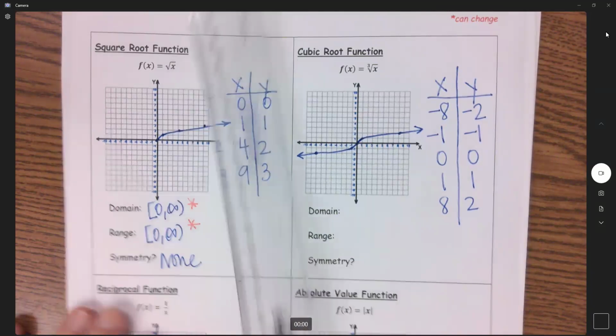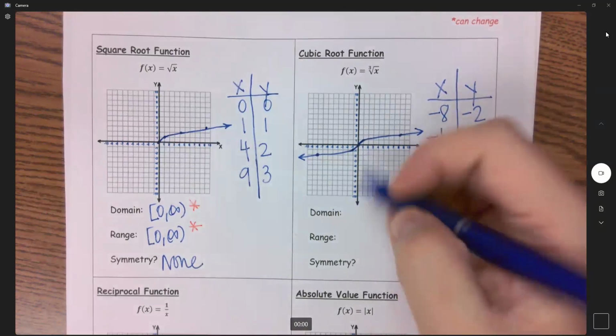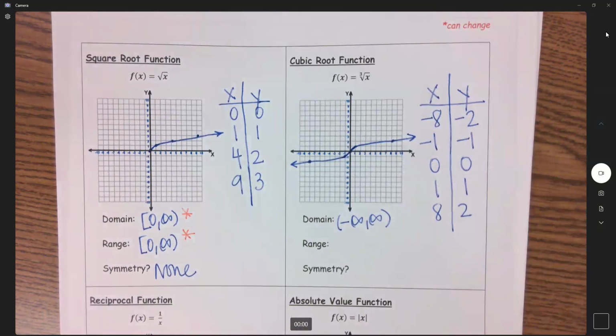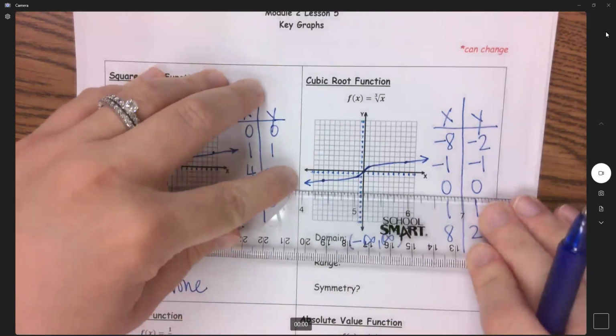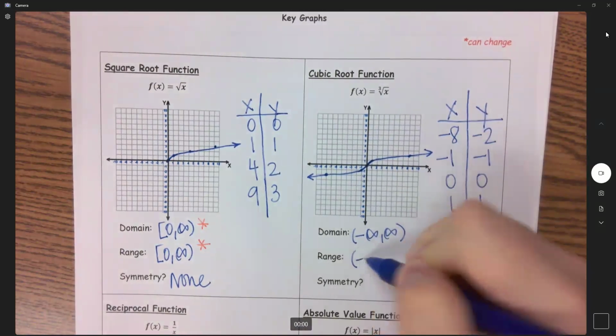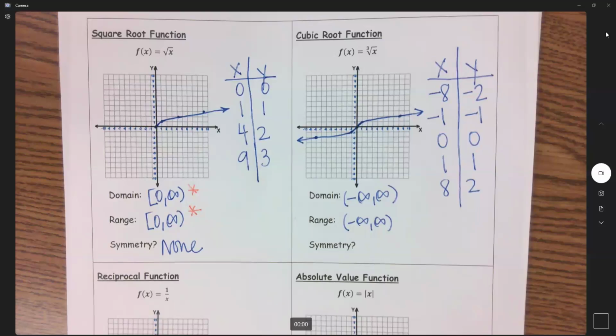So my domain, negative infinity to infinity. My range, arrow to arrow, negative infinity to infinity. And those will not change no matter how this is manipulated.